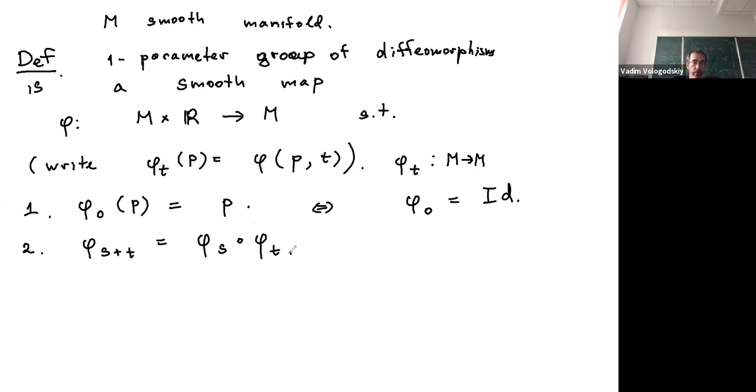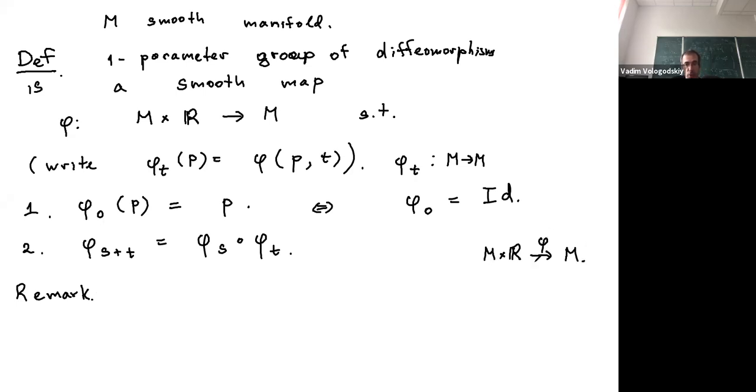Well, a remark: we have a smooth map from M times R to M. This is my phi.